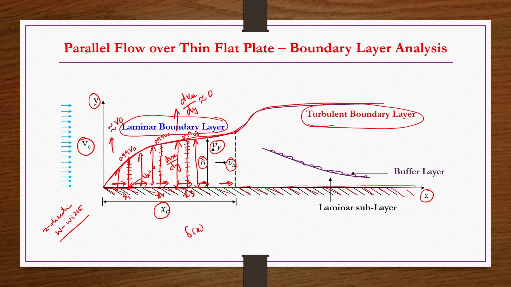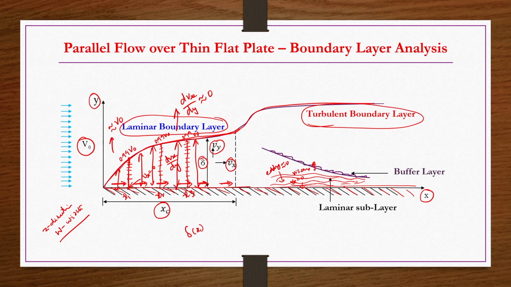Now, in the turbulent boundary layer also, at the surface the velocity is anyway 0, but close to the surface the velocity is there, though very small. So here the eddy diffusion contribution is negligible close to the surface, whereas the viscous contribution is very high.